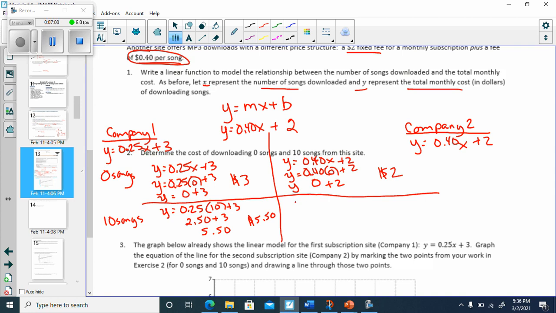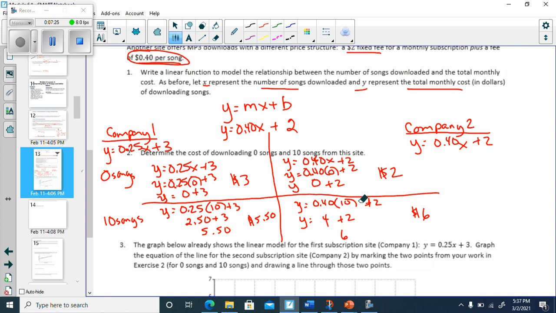Let's try this one. Total cost is equal to 40 cents per song times 10 songs plus $2. 40 cents times 10 would give you $4 plus $2. That would give you $6. It would cost you $6 to download it with this company. This one would be cheaper, wouldn't it?